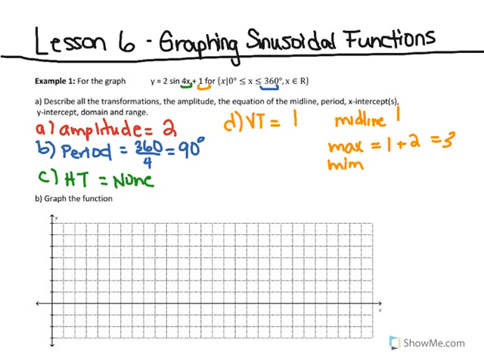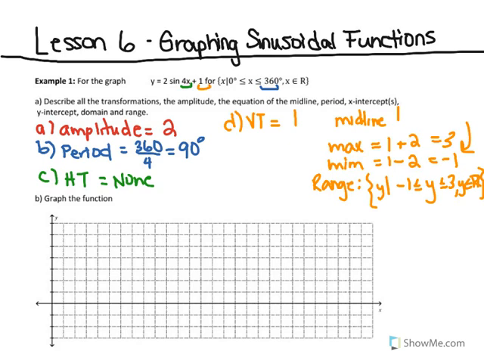And our minimum point will be 1 minus the amplitude, which is negative 1. Our range would be y such that negative 1 is less than or equal to y, which is less than or equal to 3, for all the elements of the real numbers. And we know that from our min and our max that we just found.